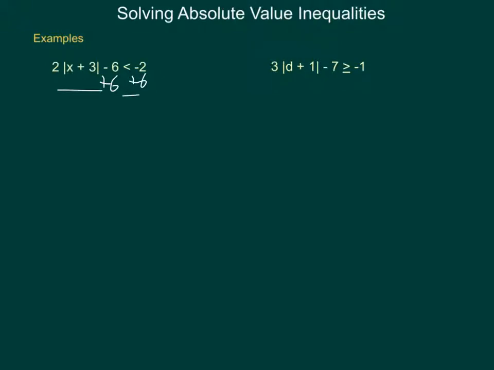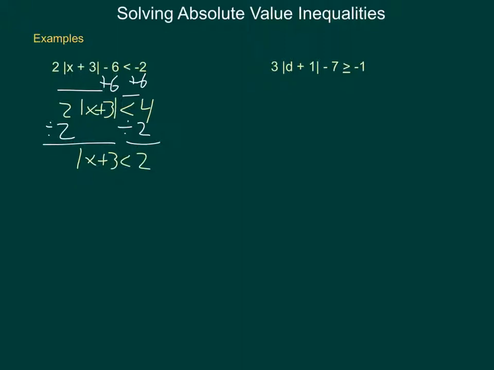So, 2 times the absolute value of x plus 3 has to be less than 4. Then, do I see any division or multiplication? The answer is yes. Multiplication, so I'm going to divide each side by 2. That leaves me with the absolute value of x plus 3 is less than 2.